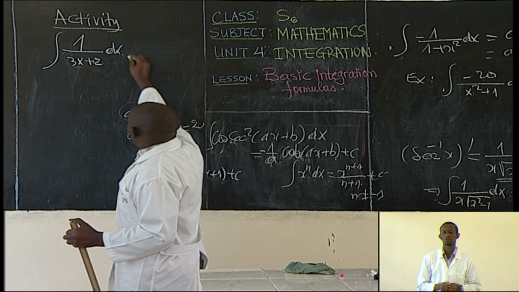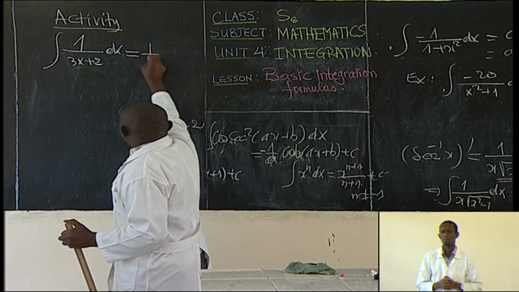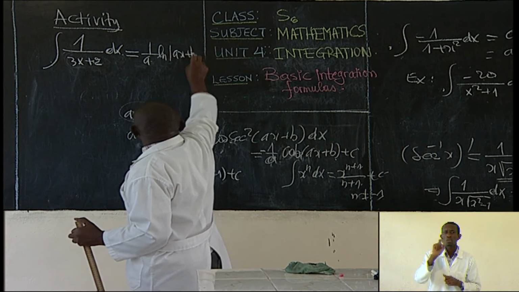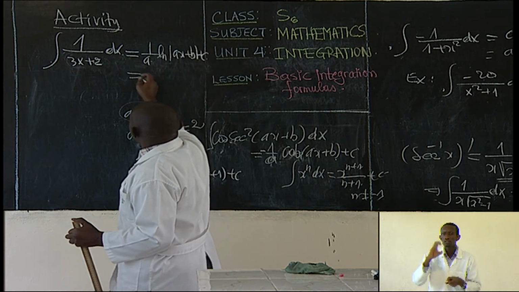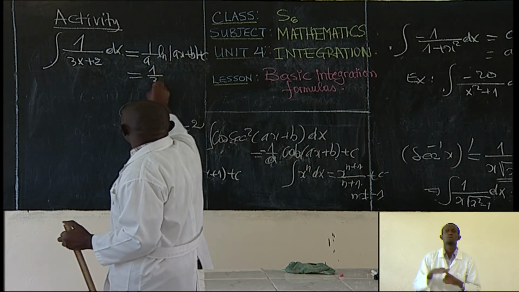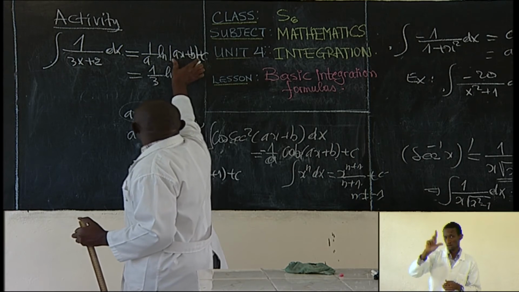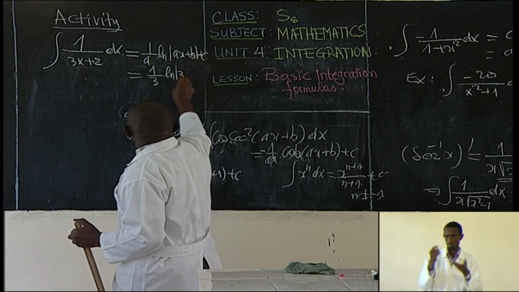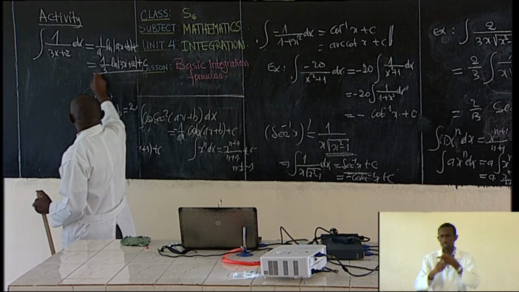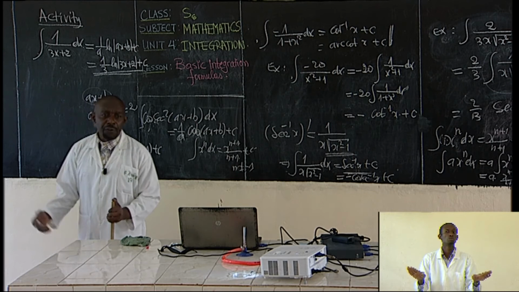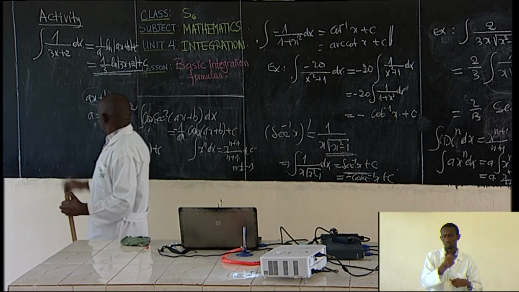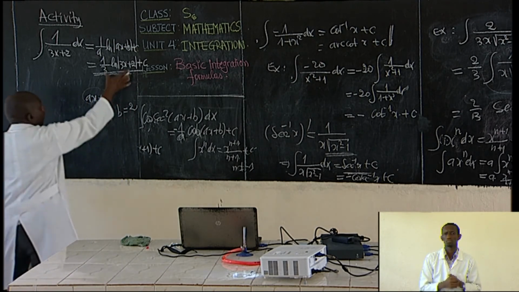This means that applying the formula 1 over a, ln of ax plus b plus c, for me a is equal to 3. I'll be having 1/3 ln of our linear expression, which is 3x plus 2, then plus c. And I'm done. Even if you want, you can prove this by differentiating this function.